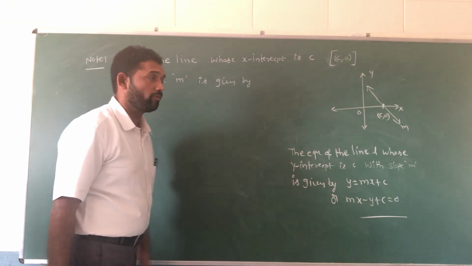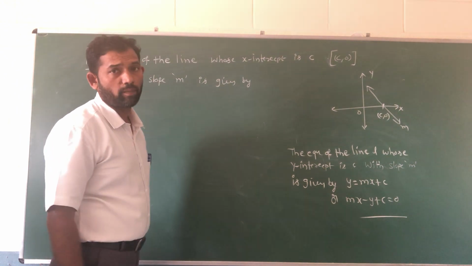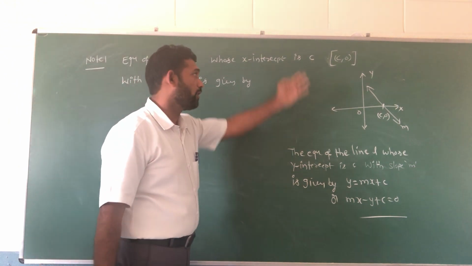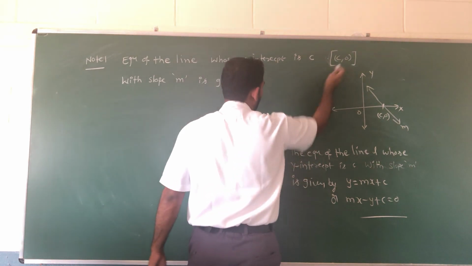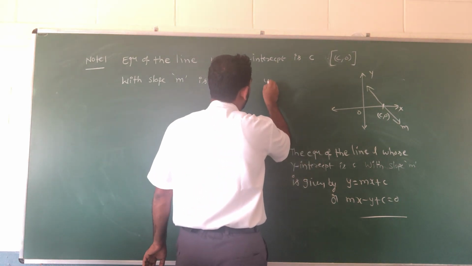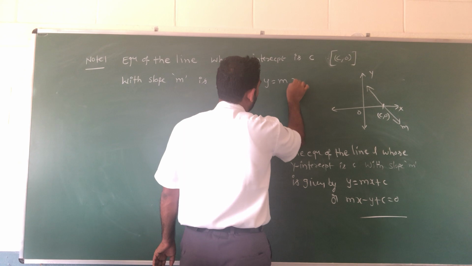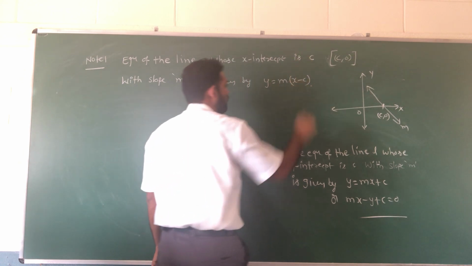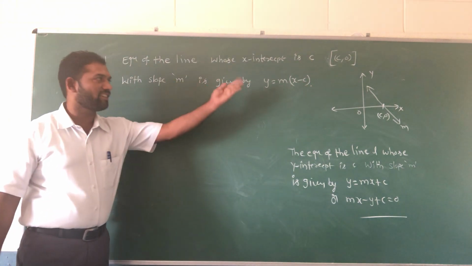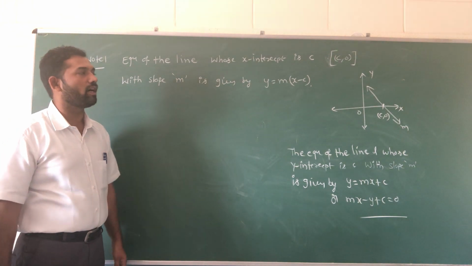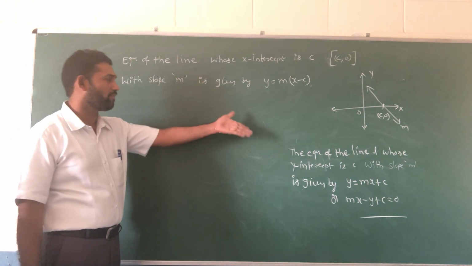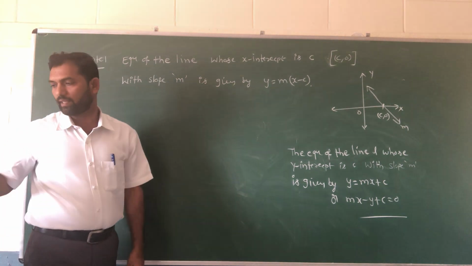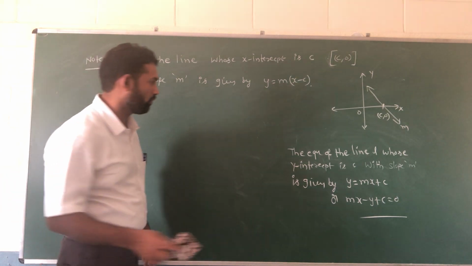Point-slope formula: y minus y1, this value is 0. So y is equal to m of x minus c. That is our equation. That is our application. Okay na? Note down fast.